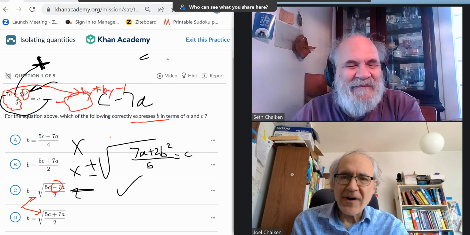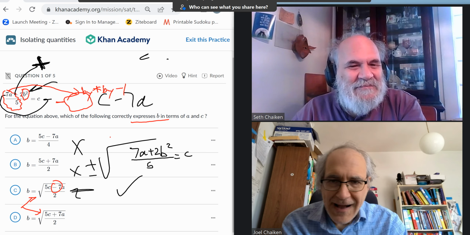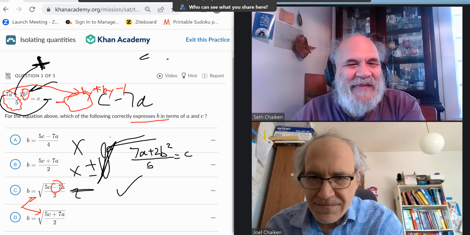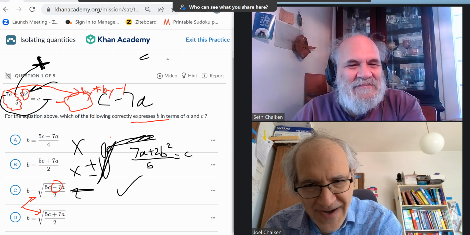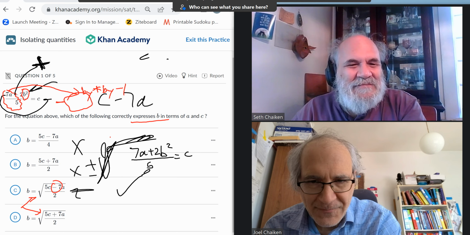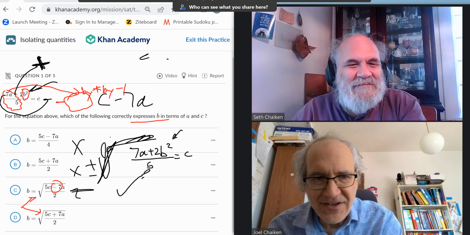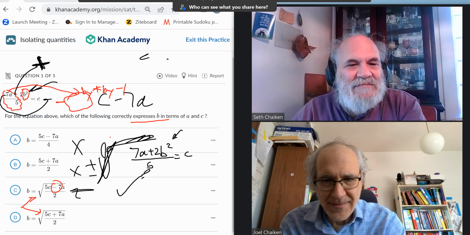Well, here, to get rid of this fractional 5, we really have to get the b squared by itself. It's sort of like unpacking a package that you get in the mail.